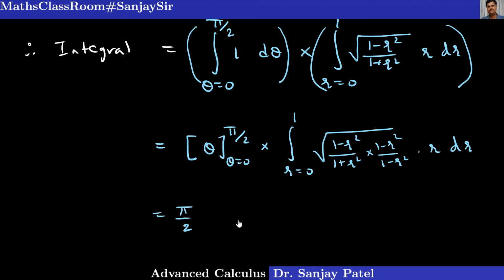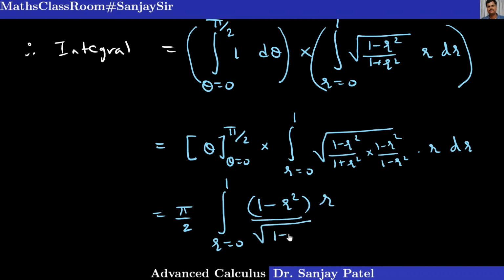I am writing directly. And this becomes integral r is equal to 0 to 1 of 1 minus r square, 1 minus r square is simply 1 minus r square into r upon square root of 1 minus r raised to 4 into dr.